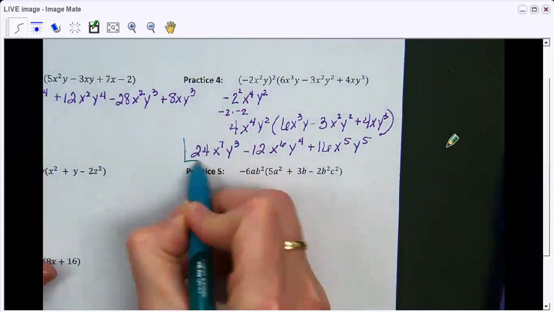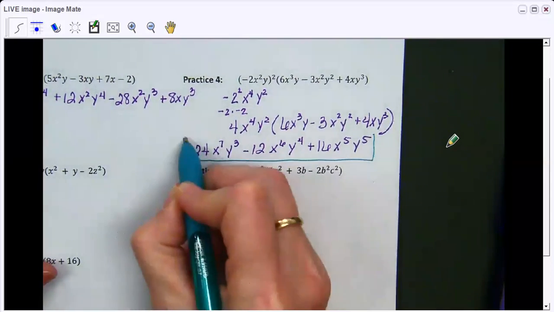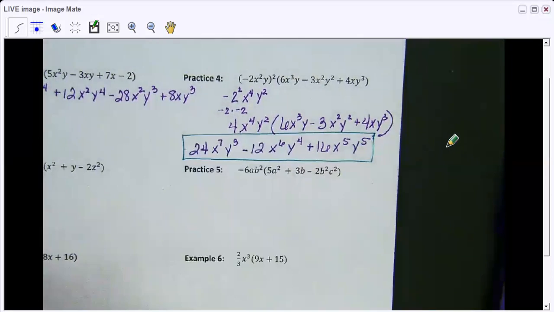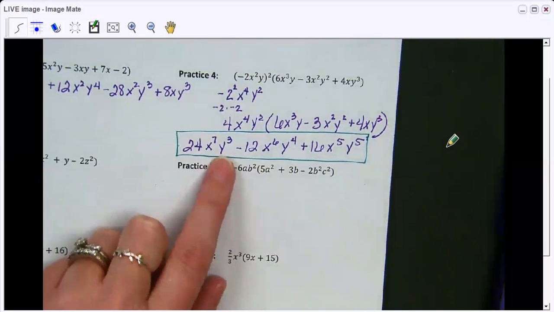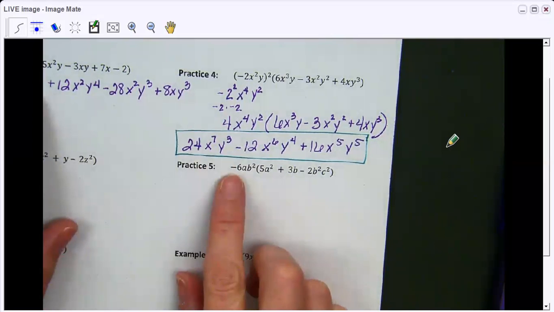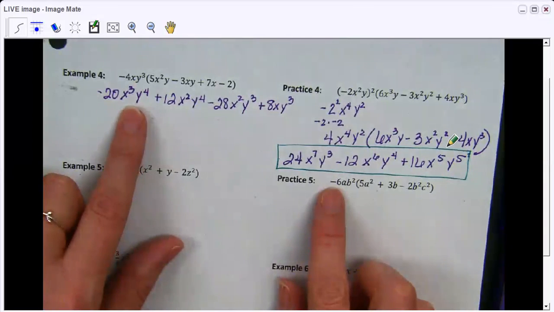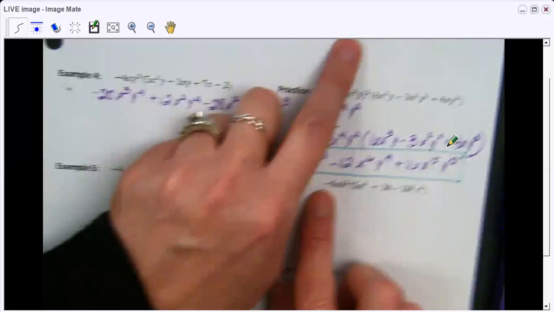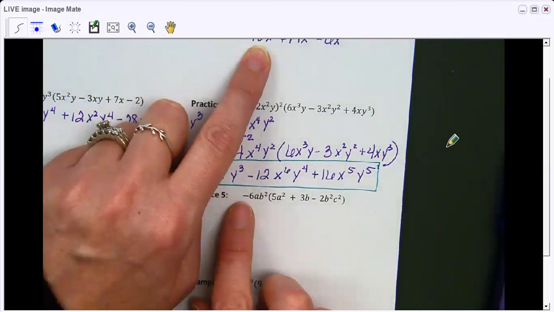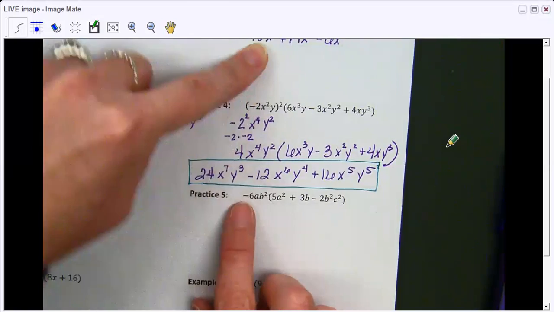I got a quick question, Ms. Reynolds. On this one, you say you got y cubed. But on practice number 3, why wouldn't it be 10x⁶ if you're adding them together?